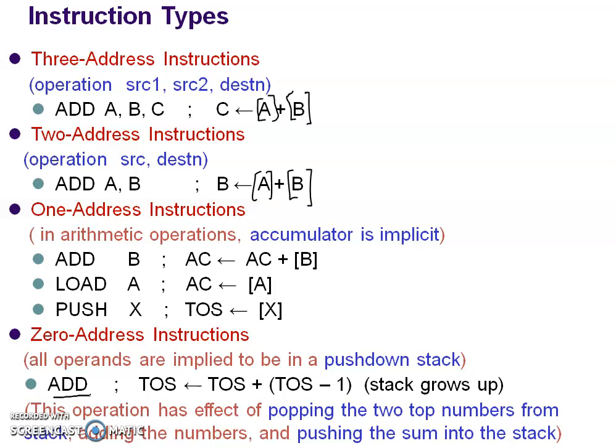Instead, the operation code will be specified, and it can be applied on the push down stack. So if an add instruction is given, then the top of the stack will be loaded with the current top of the stack plus the top of the stack minus 1, that is, the top of the stack plus the content that is below it, if the stack is arranged in such a way that the addresses grow upwards.